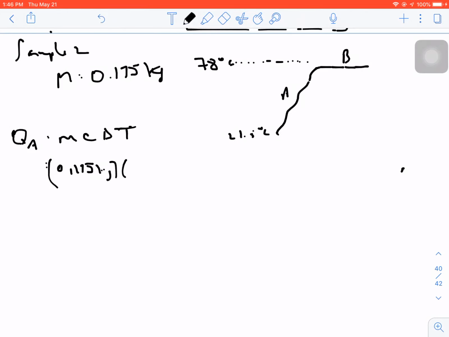Times the c value for ethyl alcohol, which is 2.4 times 10 to the power of 2 joules per kilogram degree C, times the temperature change, which is final temperature, 78, minus my starting temperature of 21.5 degrees Celsius. Okay, and if I do all of that math, I'm getting 1.89 times 10 to the 4 joules.